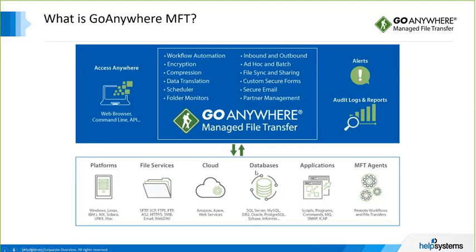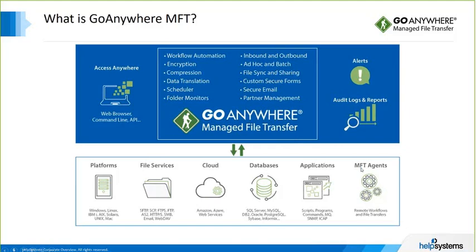file transfer. But we also have agents, and agents are a small piece of software that can be installed on any system throughout the enterprise, including cloud, and they can be managed by a central deployment of GoAnywhere MFT. So you can configure and schedule agent file transfers from business processes from all over your network.